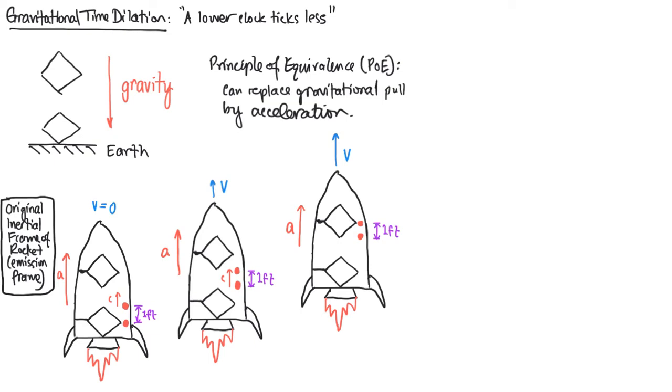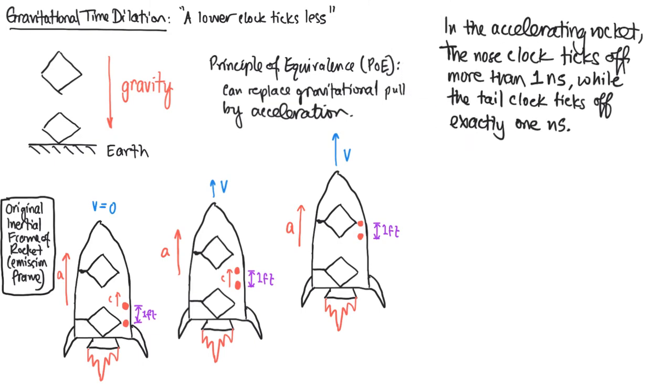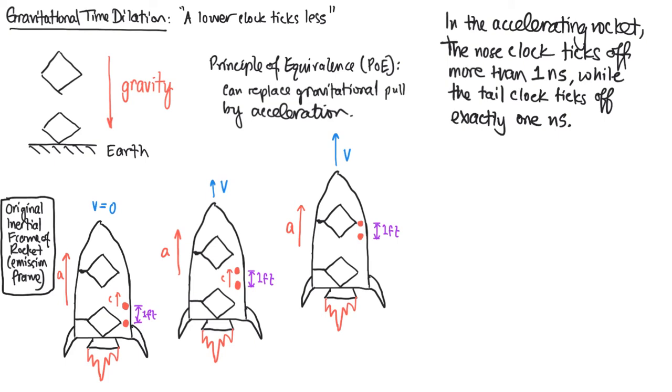So what that tells us is that this second photon is going to travel more than 1 foot, so more than 1 nanosecond will tick off on this top clock. And that really is our main result, which is that in an accelerating rocket, the nose clock ticks off more than 1 nanosecond, while the tail clock has ticked off exactly 1 nanosecond. So that's what happens in an accelerating rocket, far from any gravitational influence.